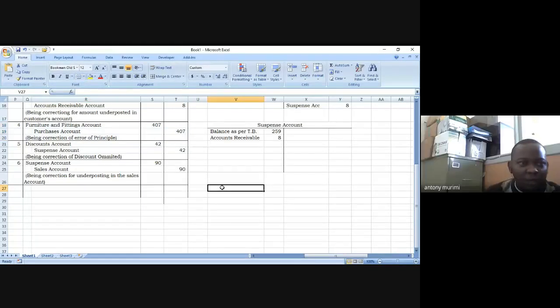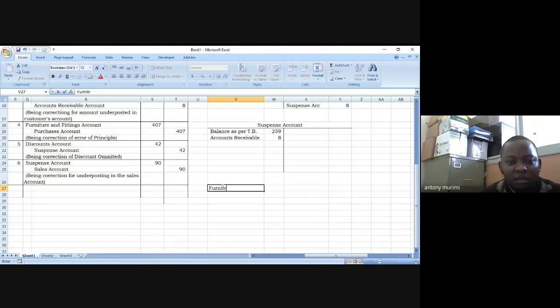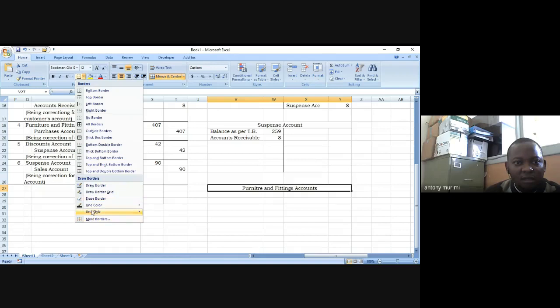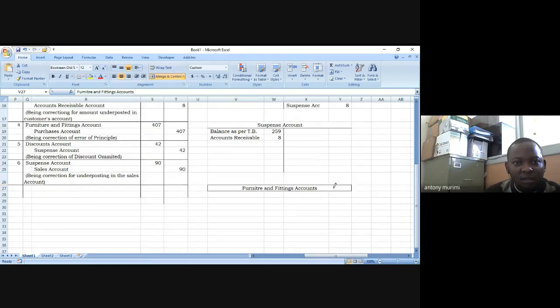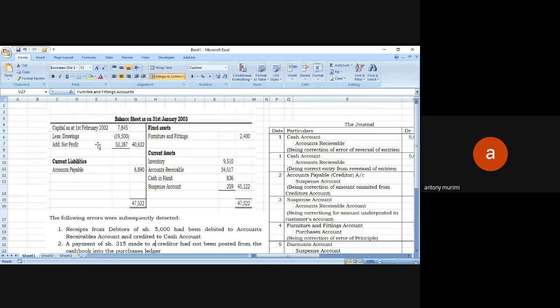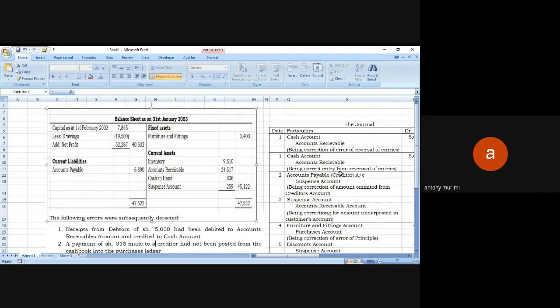So in this case, we open the furniture and fittings account. Furniture and fittings in our balance sheet, the balance brought forward is 2,400.